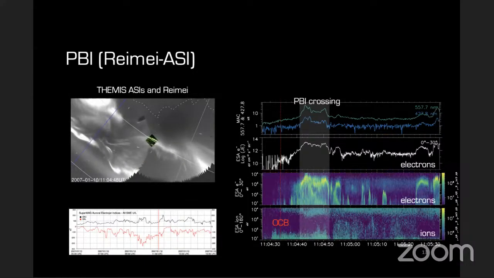The particle data also allow us to confirm that the PBI occurred just equatorward of the open-closed boundary. Although this event provides a unique opportunity to study what drives meso-scale auroral forms, such observations are actually quite rare.